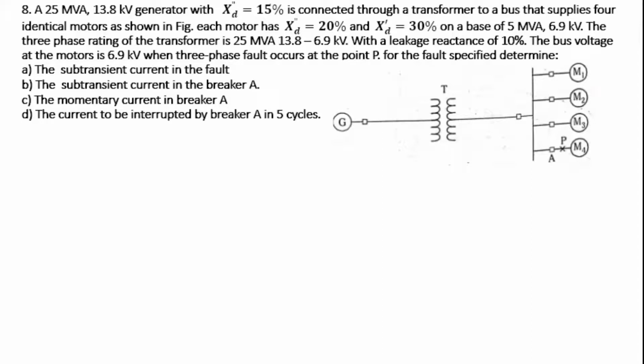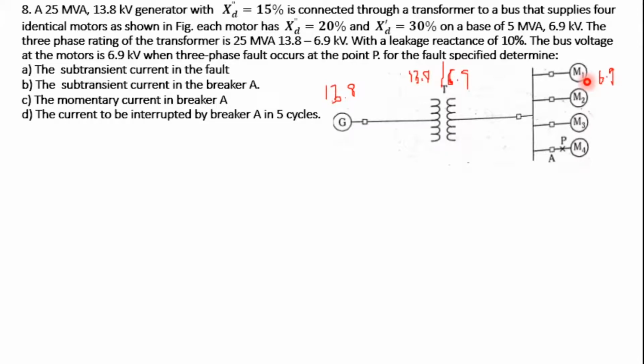Before solving, we have to note down the voltage ratings. The generator is 13.8 kV, the transformer is 13.8 by 6.9 kV, and the motor is also 6.9 kV.